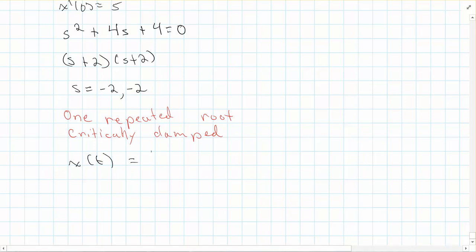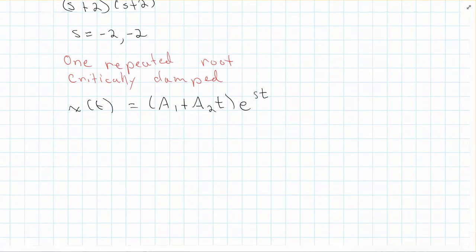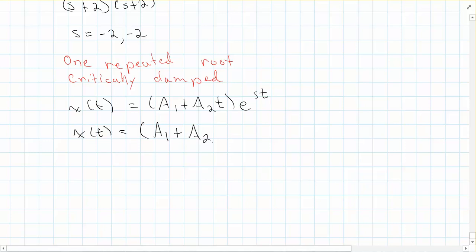I'll go ahead and write it kind of like the book does, except let me write it correctly: a1 plus a2t, e to the st. So that means my solution for this equation is going to be in the form a1 plus a2t, e to the negative 2t.